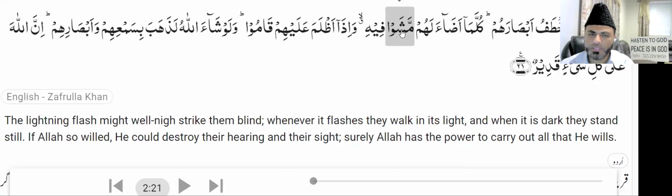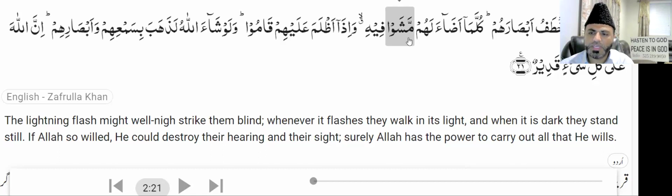But in this situation, because this conduct of people has not changed, this is the same forever, so we can also translate it in present. But literally, if you ask me literally, it is past.